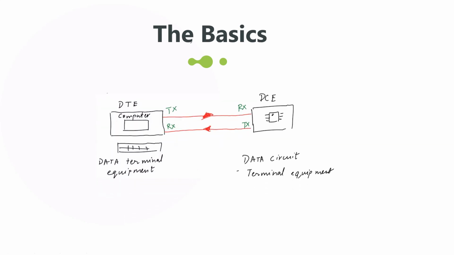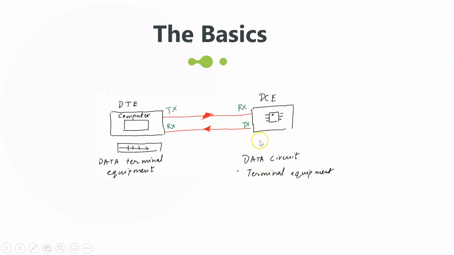So unlike other protocols, RS-232 is a point-to-point connection. It's not a star, not a node connection. So the output of the DTE, that is the data terminal equipment, connects to the input of the DCE or the data circuit terminal equipment.